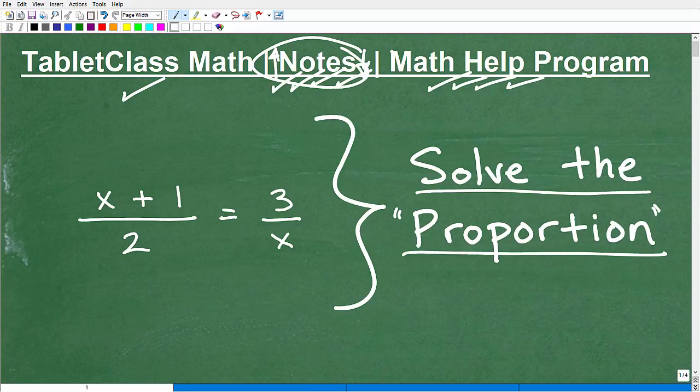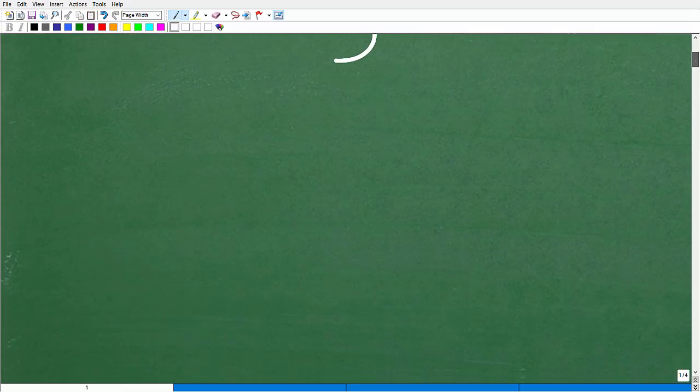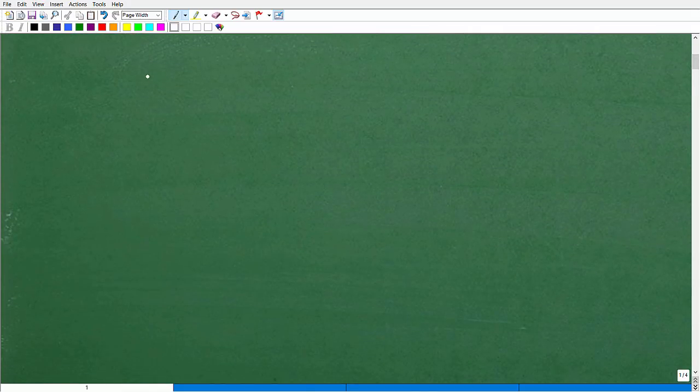Okay, so let's get into this problem. We're going to solve this specific proportion. But let's just ask ourselves, what is a proportion? Well, by definition, a proportion is essentially just two equal fractions. So let's say I have the fraction 1/2. Just think of a simple fraction, not 1 over 2, but another fraction that's equivalent to 1/2.